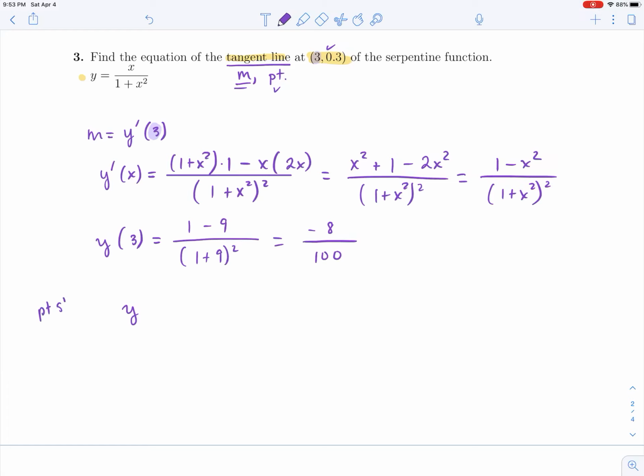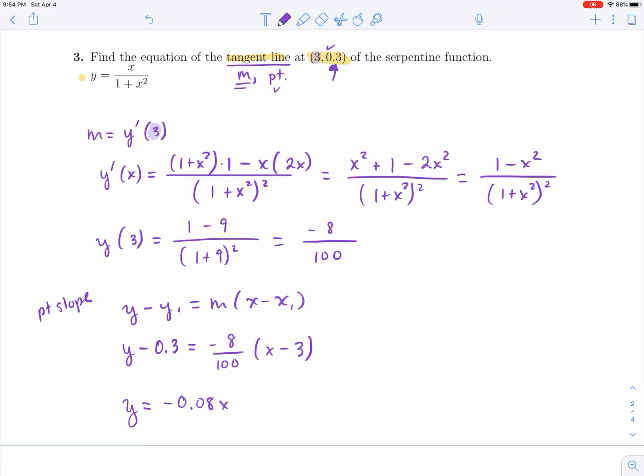And that's all we needed for y prime. Now we are using point slope. So y minus y1 equals m times the quantity x minus x1. So y minus y1 is 0.3. I'm getting that from our point here. Equals negative 8 100ths times x minus 3. So y equals negative, I'm going to go ahead and write this as 0.08 x.